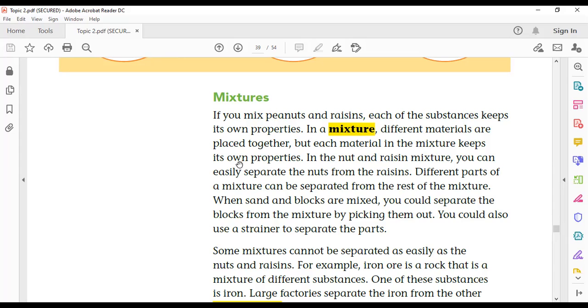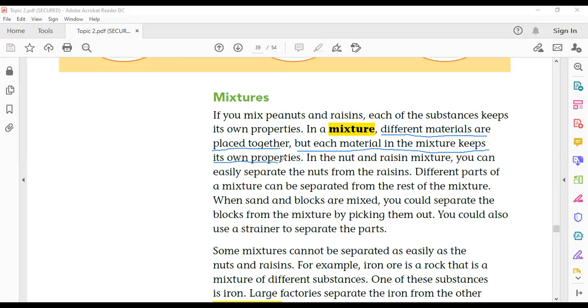This is the definition of a mixture. Please highlight it. Okay?